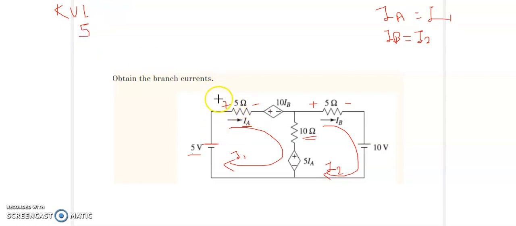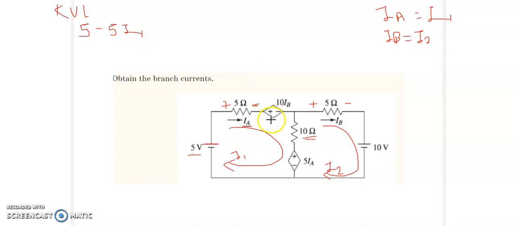Then I have to write the drop across this 5 ohm resistor. The voltage drop is given by I into R. The current flowing through this resistor is IA, or I can write it as I1, and the sign of this drop will be minus. So 5 minus 5 I1.